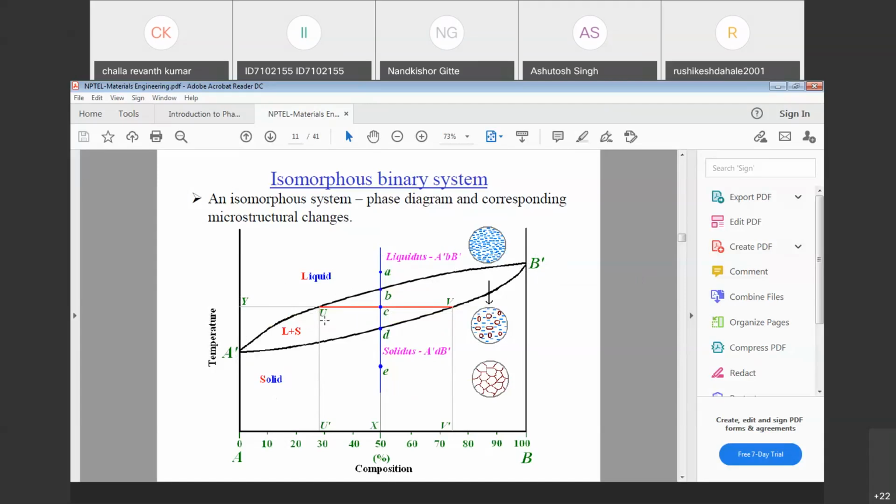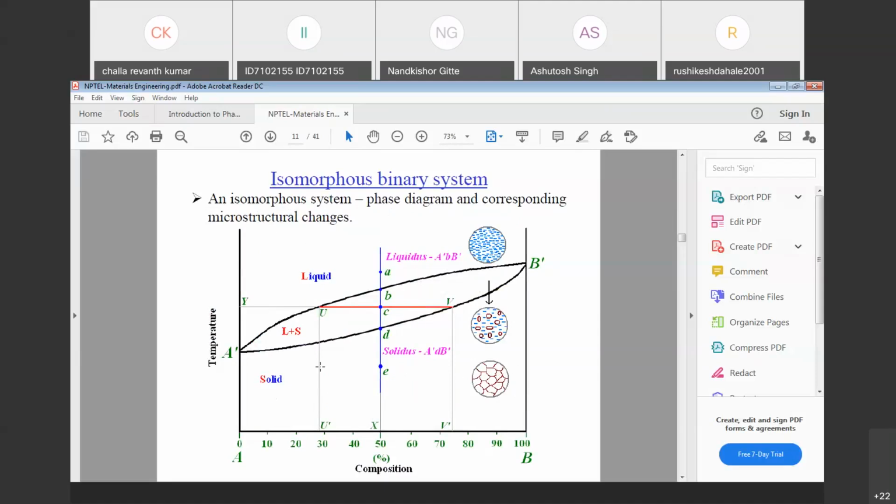And what happens in the middle? In the middle, you will find both liquid state as well as solid state in this phase. Also, as it is written, an isomorphous system, phase diagram and corresponding microstructural changes. Why is it an isomorphous system?